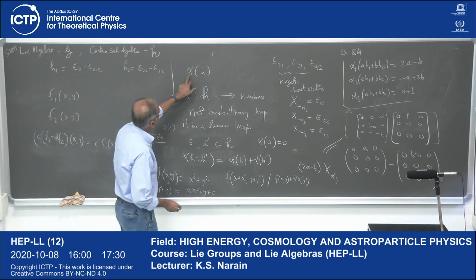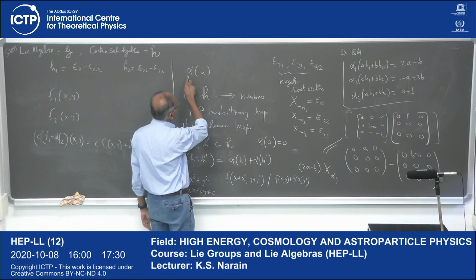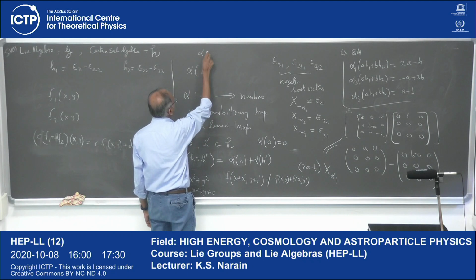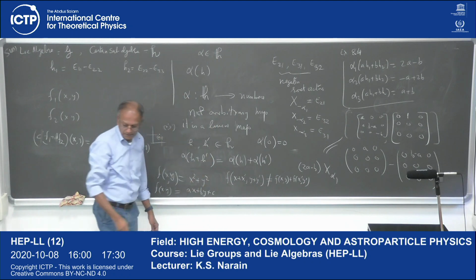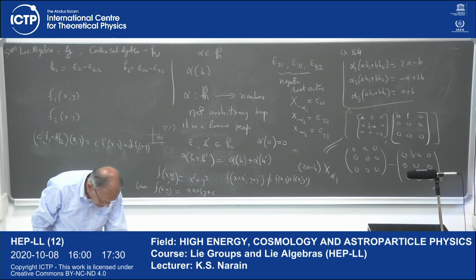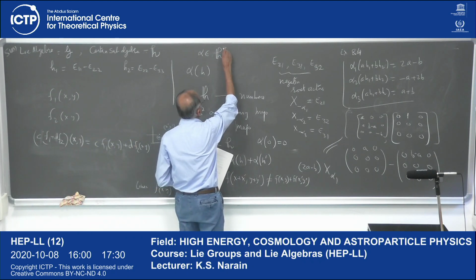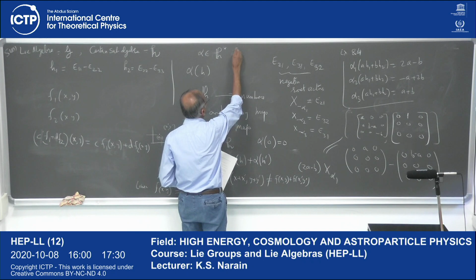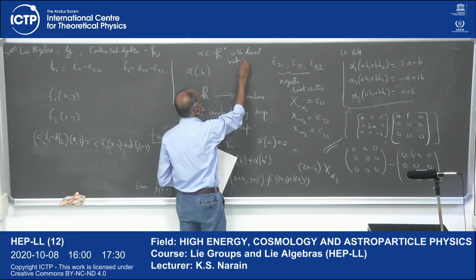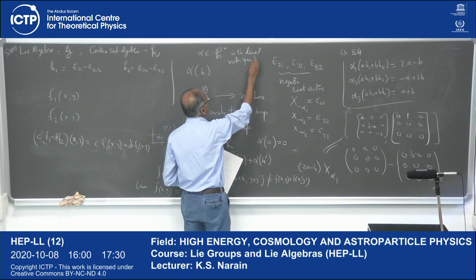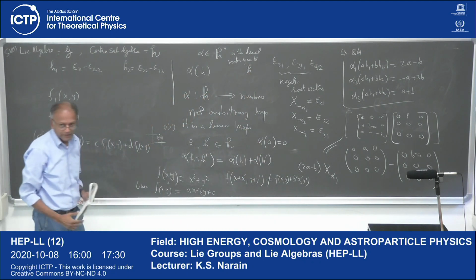Therefore, since alpha itself belongs to a vector space again, alpha belongs to the dual vector space, denoted here by H star. H star is the dual vector space to H.